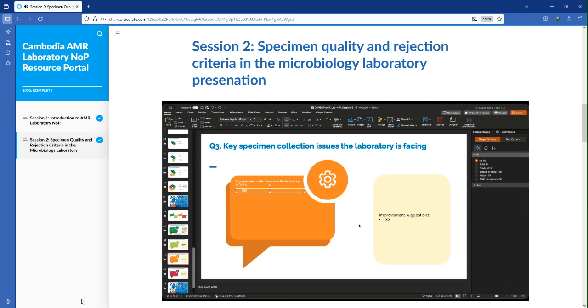According to our discussion in the team, yes, the sample is not good quality, it might not grow, and the labeling on the specimen container with the requisition form is not matching. Yes, and our sample collection size is not matching with the diagnosis. And they may have some patient ID without full information.